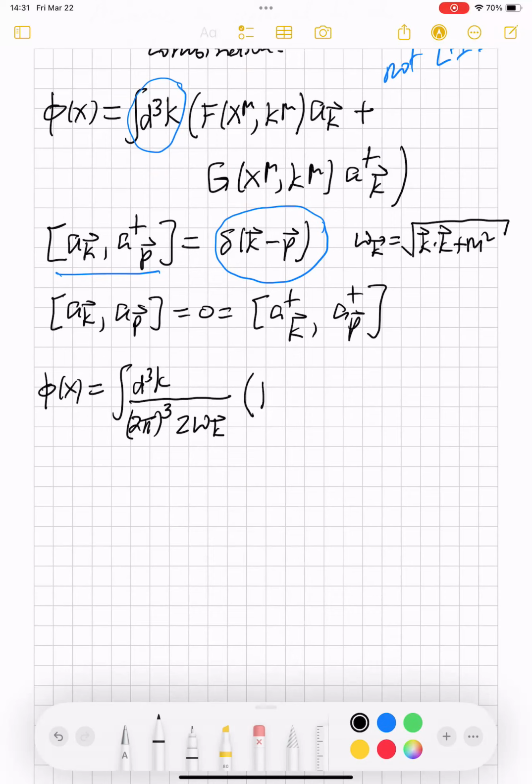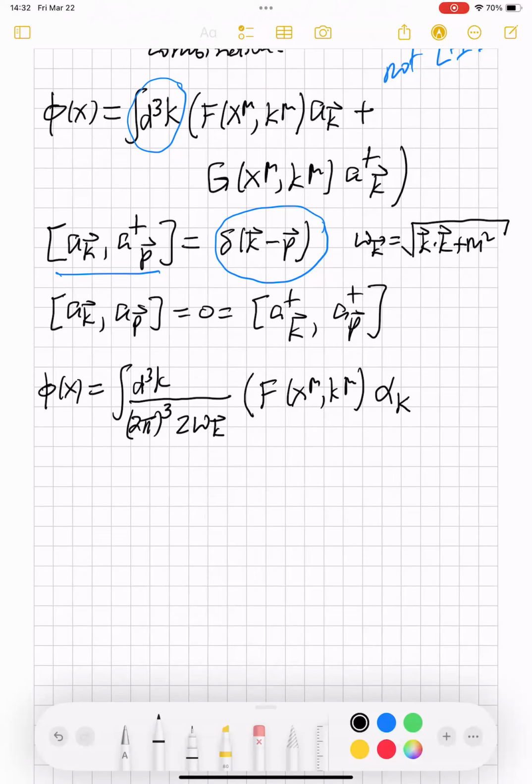Then we'll have the f of x mu comma k mu, and I would actually like to have a Lorentz invariant oscillator sitting here. I'm going to call the Lorentz invariant oscillator by a Greek letter. We were using a Roman letter A for the oscillator before. Now we'll use alpha. And that's because whenever we use Greek letters, we usually talk about things that are Lorentz invariant.